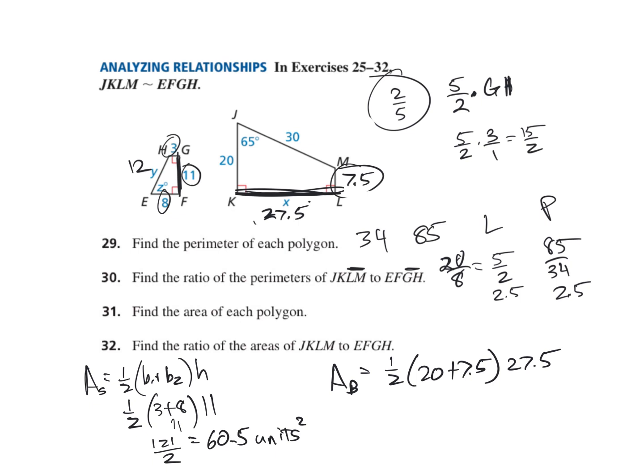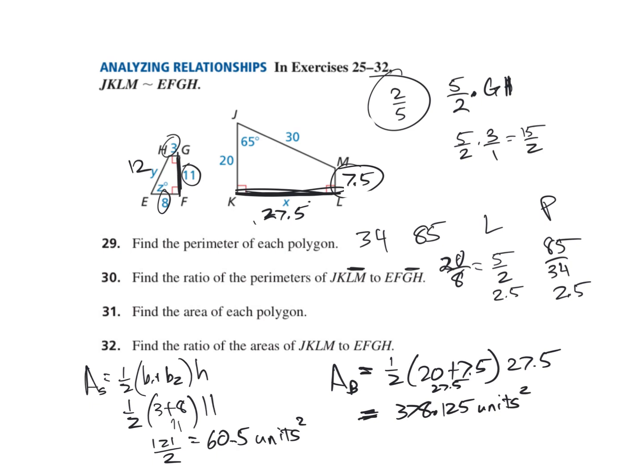So I'm going to do that in a minute just to show you. But you can just use your normal math to figure it out. But if you don't remember the formulas, then it doesn't help. So 27.5 times 27.5, and then you got to divide that by 2. And you get 378.125 square units.